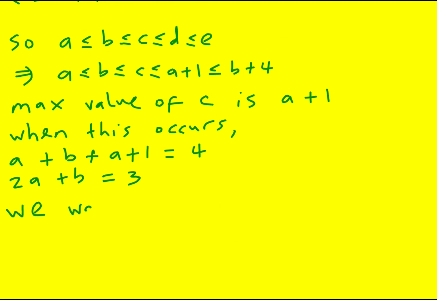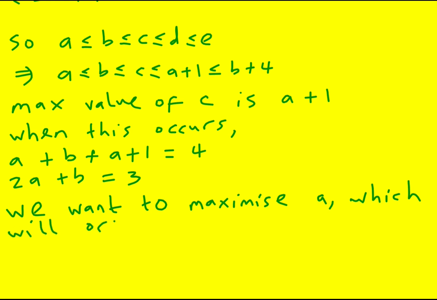We want to maximize A, which will occur when A equals B. So then we're going to get 3A equals 3 and A equals 1.